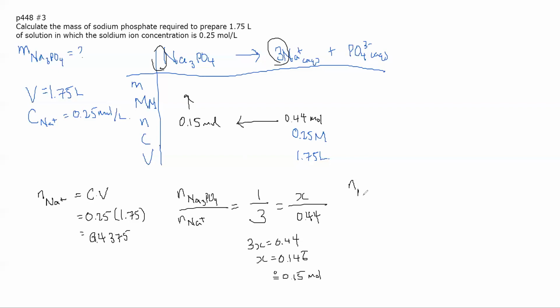If the number of moles of the sodium phosphate compound is 0.15, the molar mass I can find right away: 3 times sodium plus 1 phosphate. I keep forgetting phosphate. I should really have this memorized by now. I fail you as a chemistry teacher, my people. 30.97 plus 4 times oxygen.